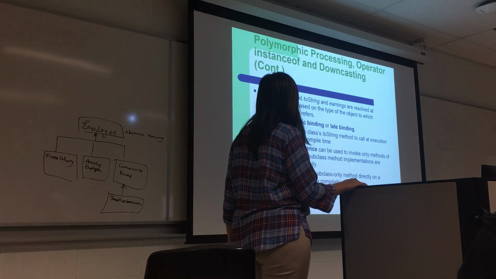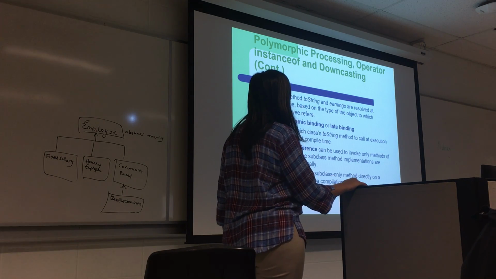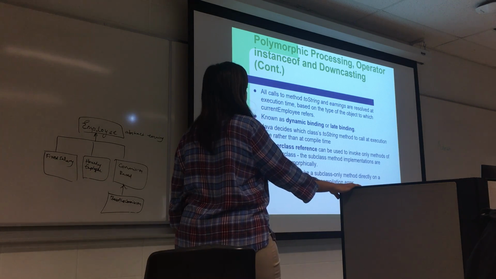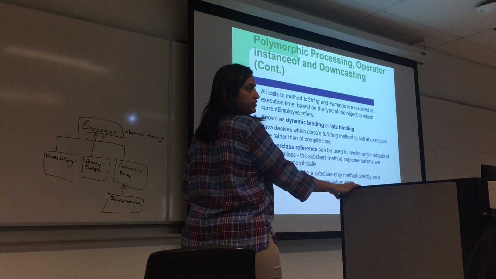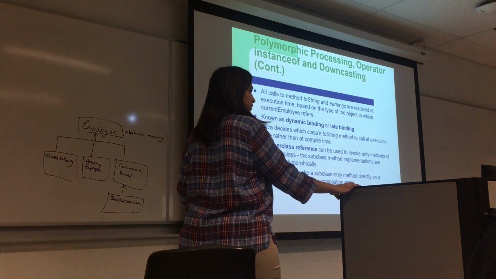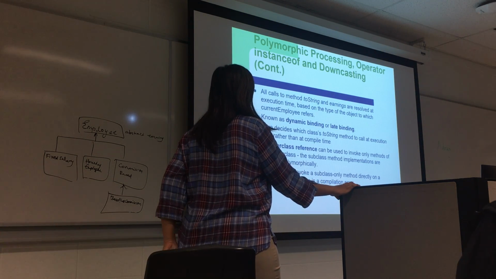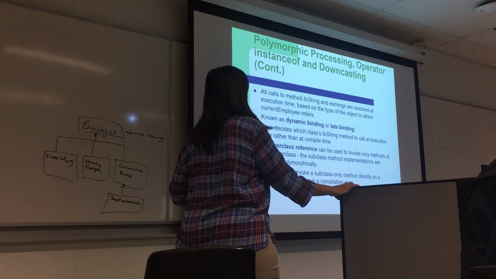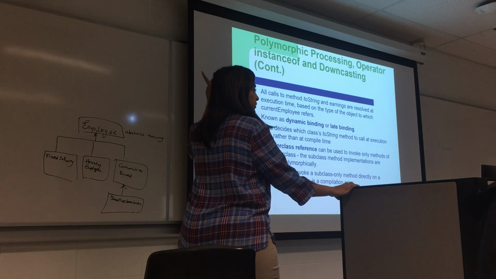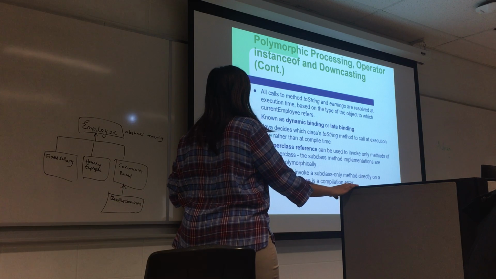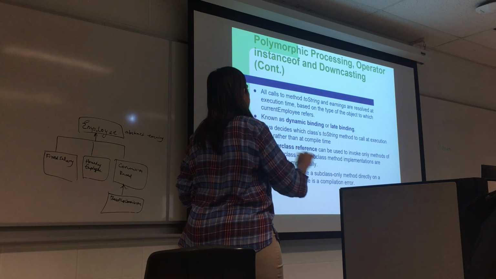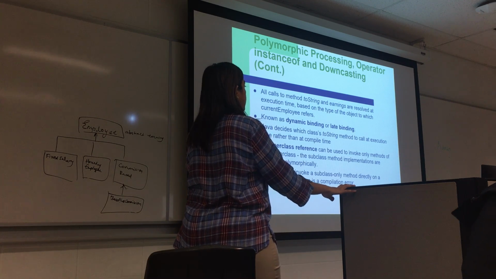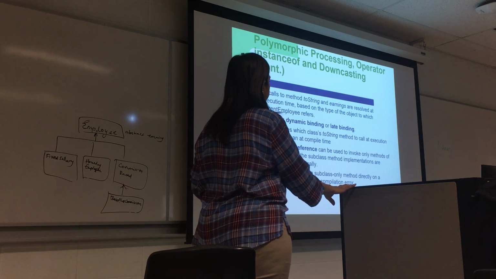So all calls to the methods toString and earnings are resolved at execution time. So we are going to find which is the instance inside that particular object or variable, and based on that object type, it's going to call that particular method. So this is called dynamic binding or late binding, and Java decides it at execution time rather than compile time.